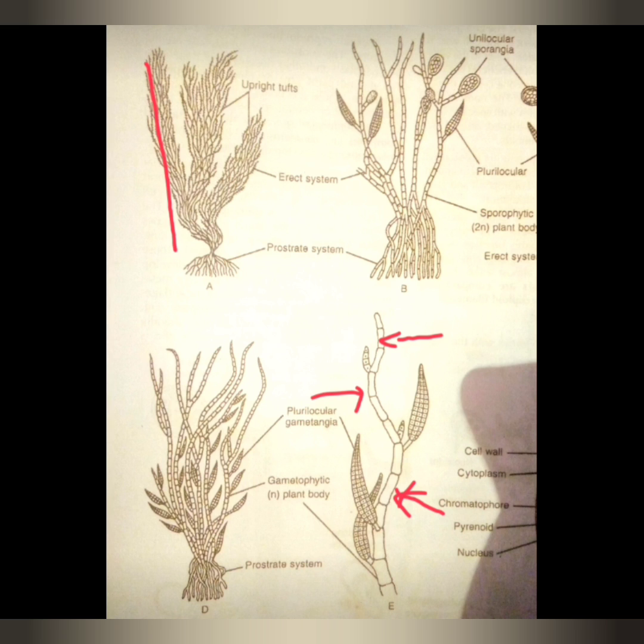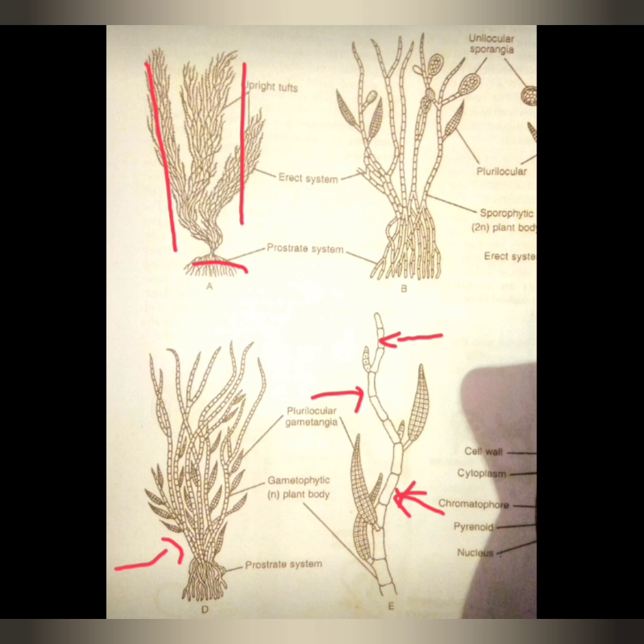Those cells may be present near the base or anywhere, but they are only specialized intercalary cells. So three types of growth can occur in the erect system: intercalary, diffuse, or trichothallic.